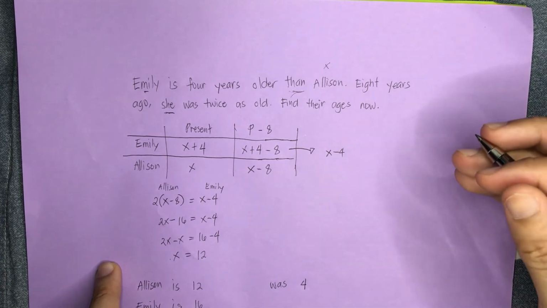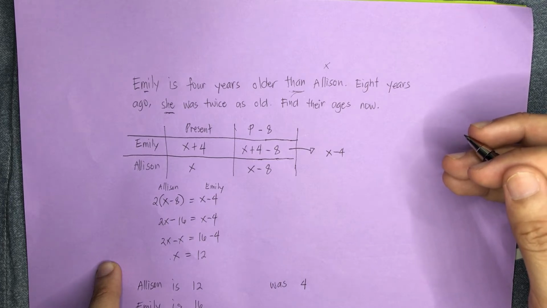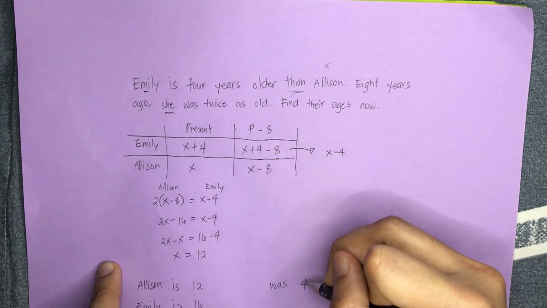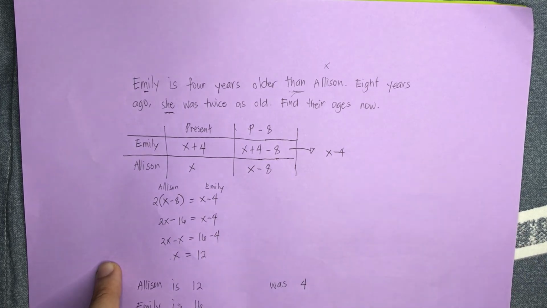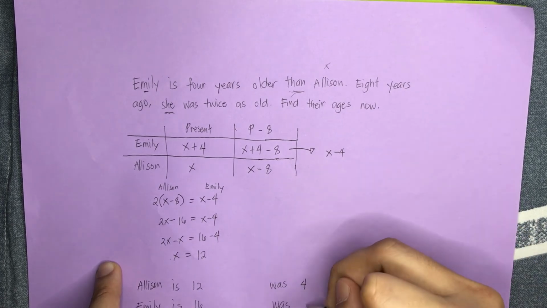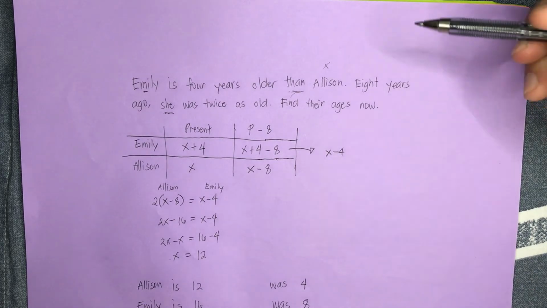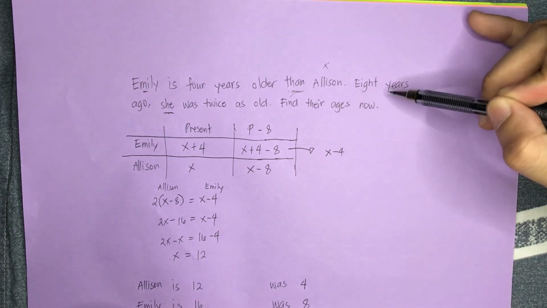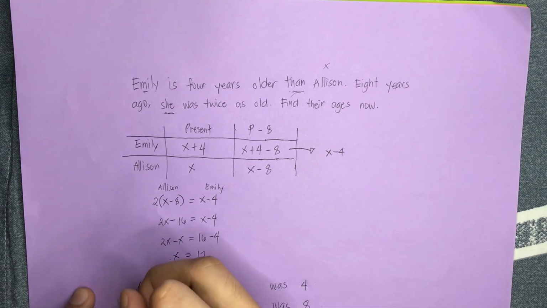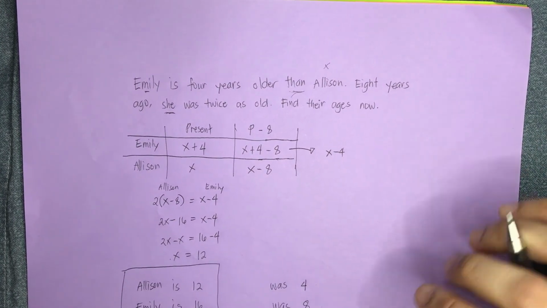And Emily was, no, Emily was 8 years old. So, do these ages satisfy our second condition? Yes, they do. So, we conclude that Allison is 12 years old and Emily is 16 years old.